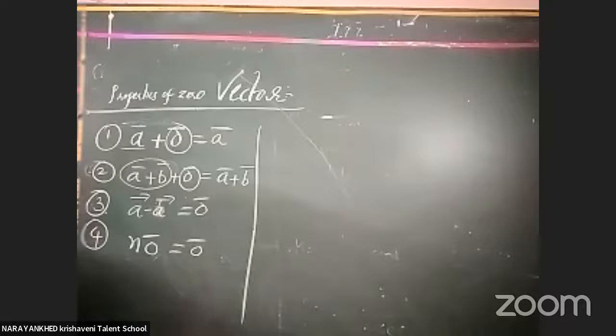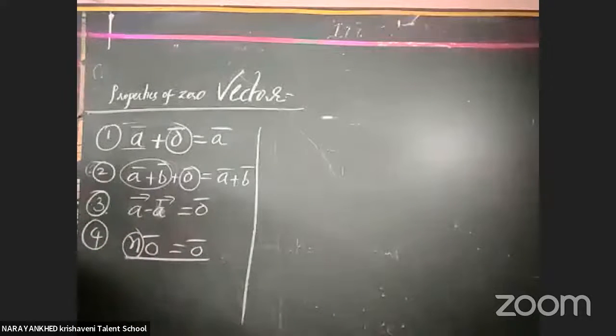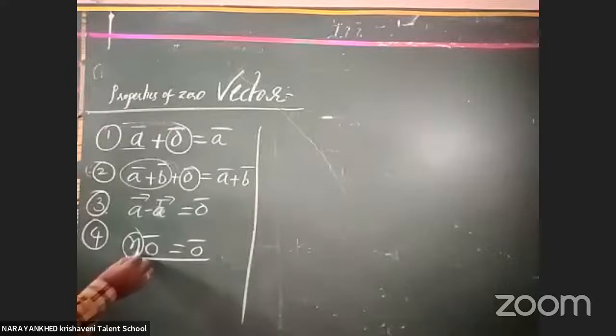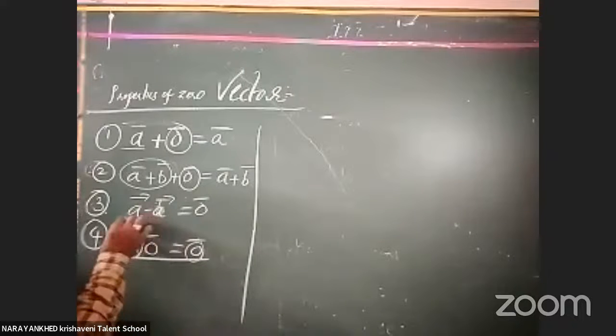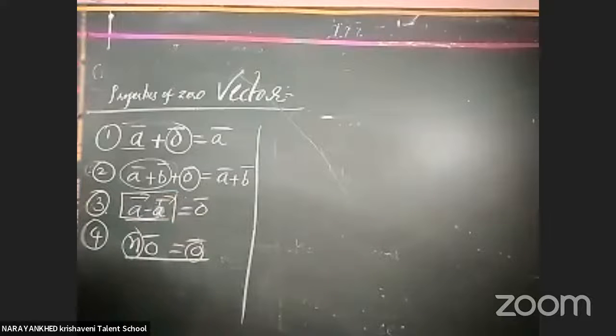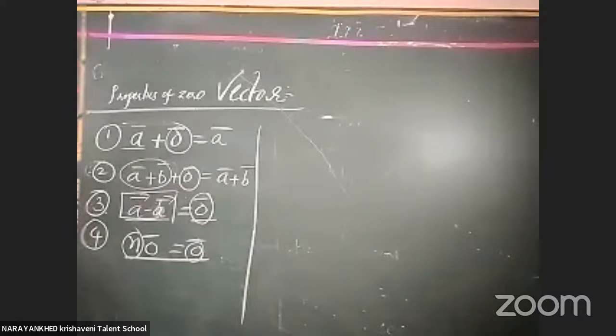Next, when you multiply the null vector by an integer, the integer does not affect the magnitude of the null vector. And the summation of two opposite vectors becomes the null vector.